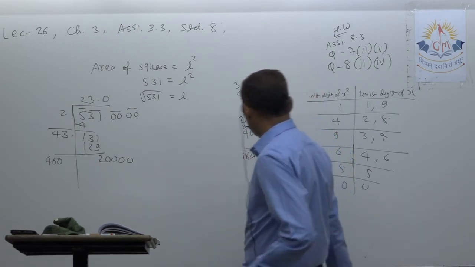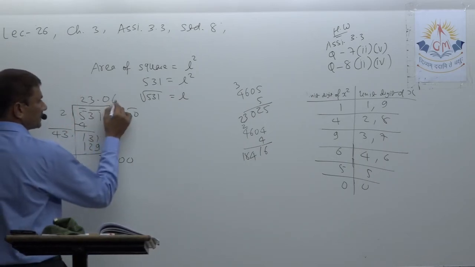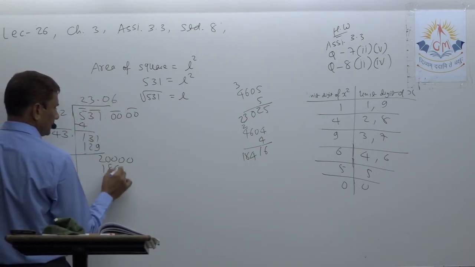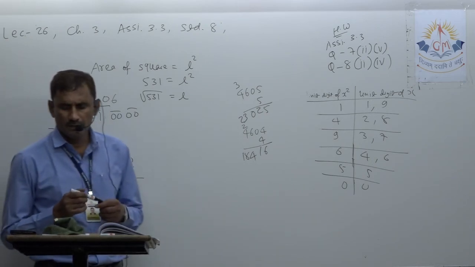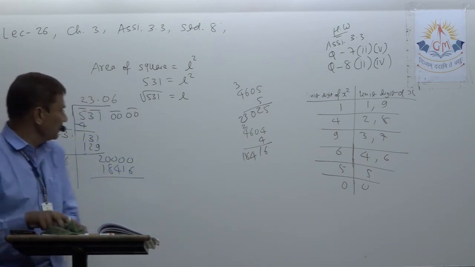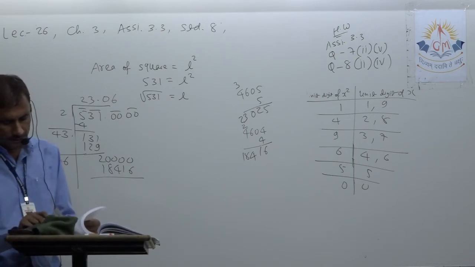Okay, it's okay. So 6 into 6, 18416. Now no need to subtract, we just stop here only. So the answer of root 531 is 23.06 approximately.